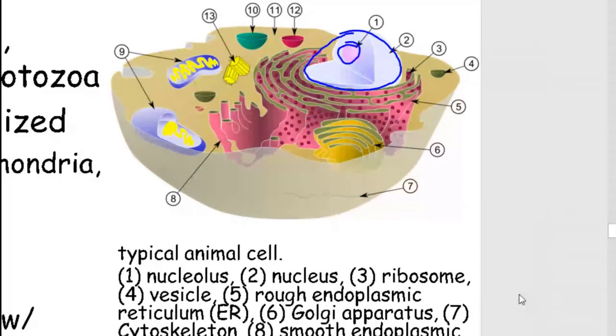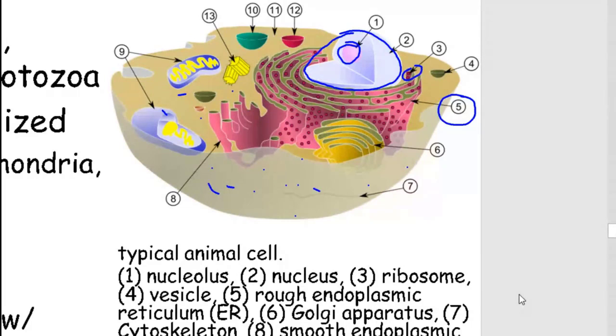Okay. We have ribosomes, which are these little dots. They can be bound to this membrane structure, or they can also be found swimming around in the cell. Ribosomes are responsible for converting RNA to protein, which is translation.